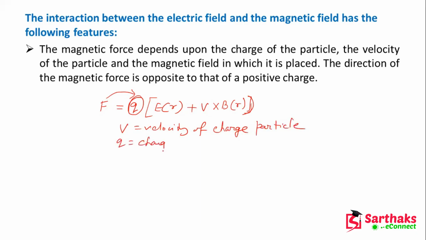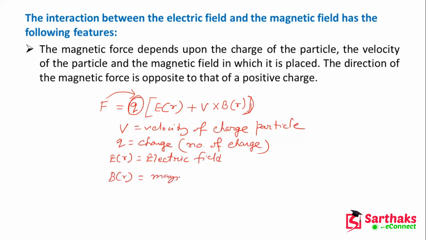Q is the charge, or I can say the number of charges, E is the electric field, and B is the magnitude of the magnetic field.